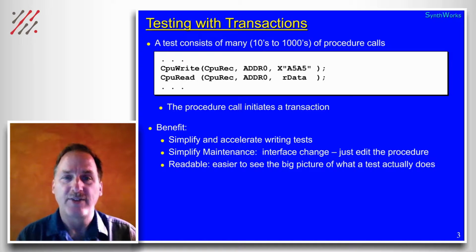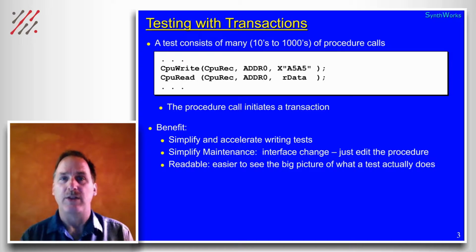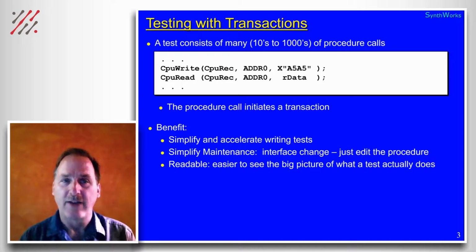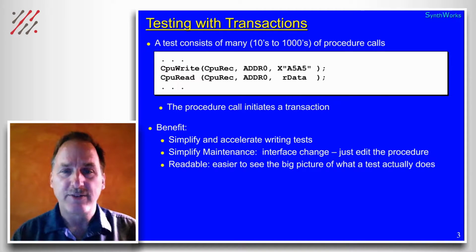I find this simplifies and accelerates writing tests. I think we tend to write more tests this way because it's fun. If somebody asks us, did we do this? We can either quickly review our tests and know exactly that we did, or we'll write an additional test really quickly to get the job done. This greatly simplifies maintenance.